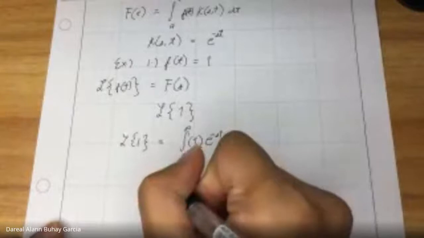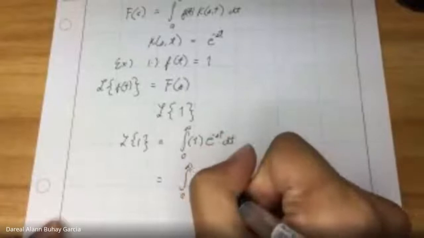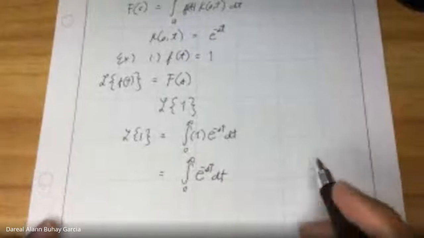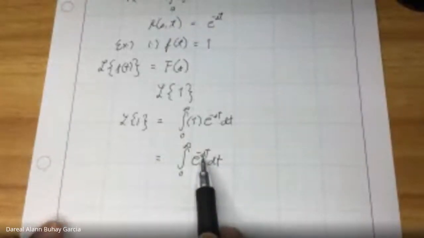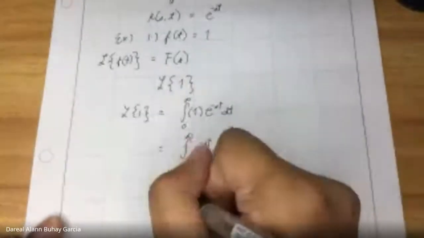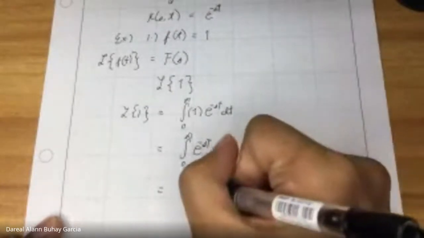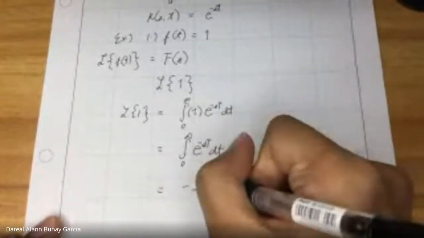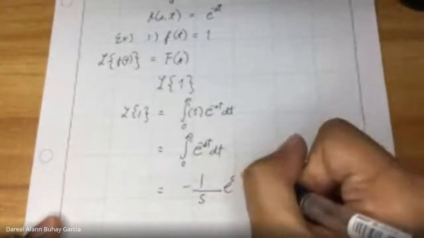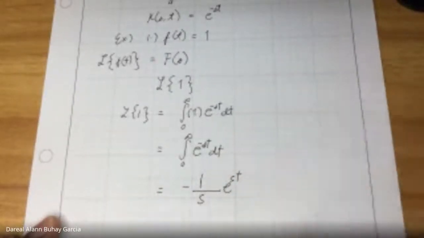So this is just as if ato isulat siya og integral of e to the negative st dt, no? Where s is a constant or treated siya as constant. So say ko na ni integral. Negative 1 over s e to the negative st. Sakto ba?